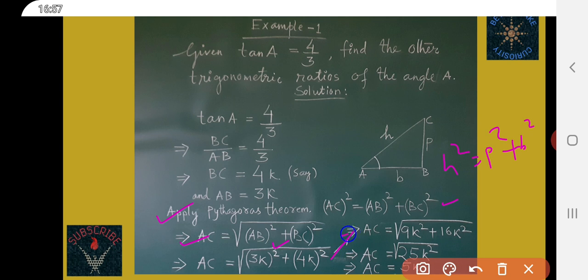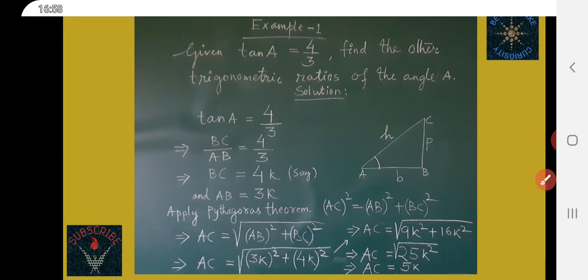AC equals 3 square 9 K square, 4 square 16 K square, and here you add them, 9 plus 16, 25 K square under root. So you get here 5K. AC equal to 5K.